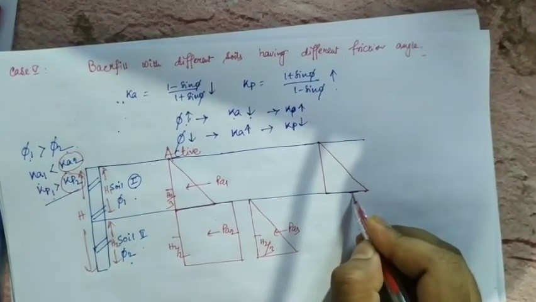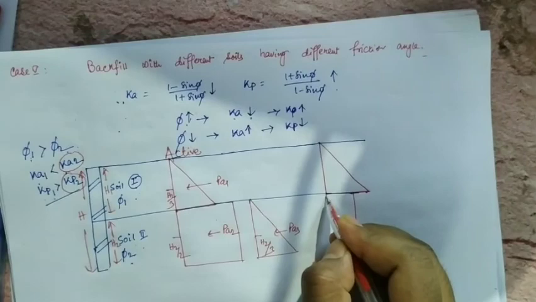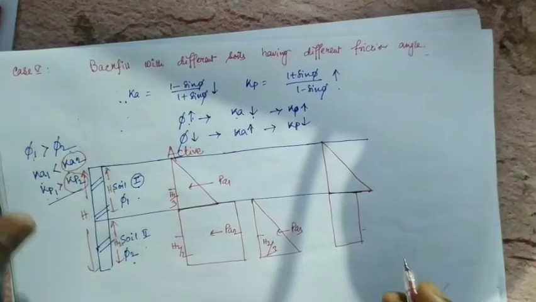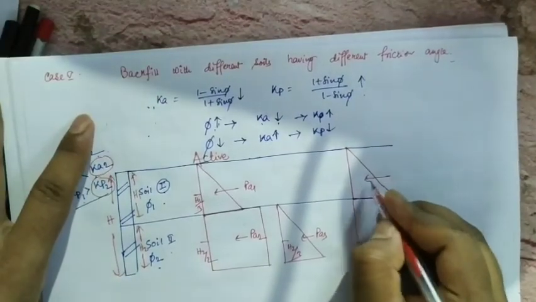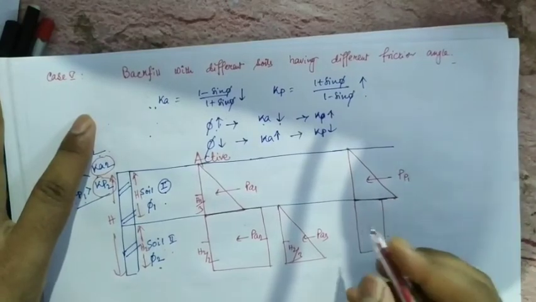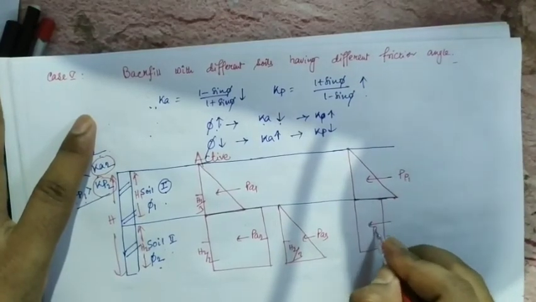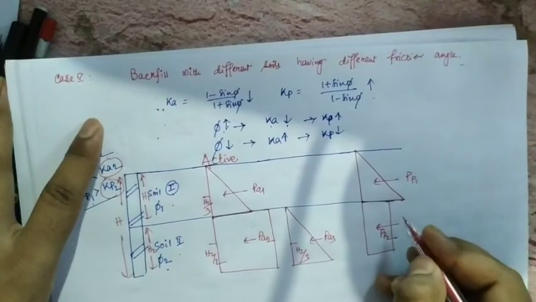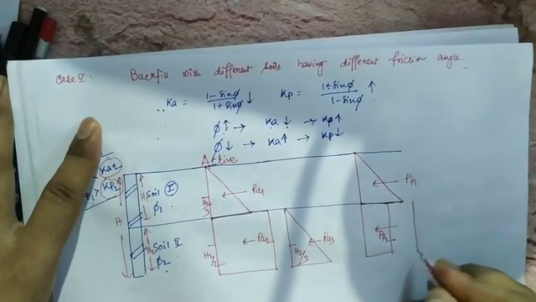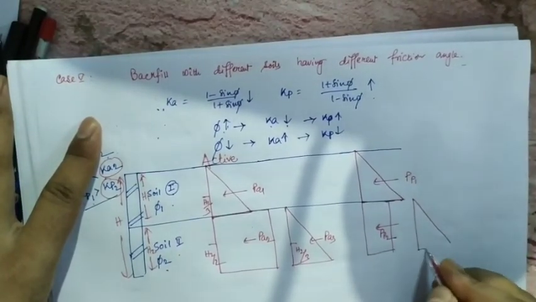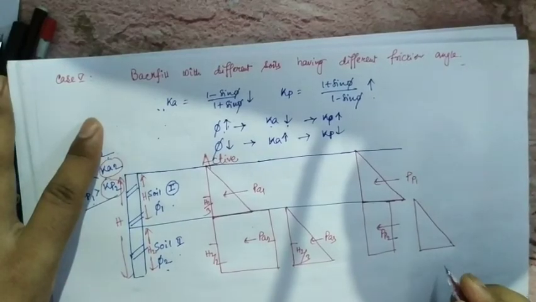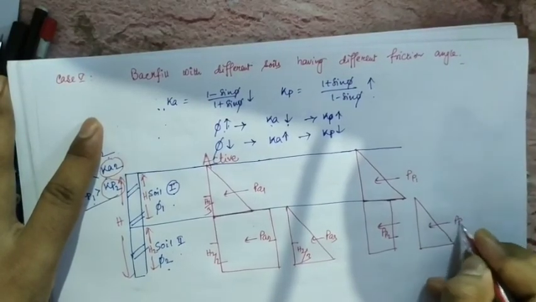Okay, so the surcharge diagram will be something like this. Understand? P1, P2, and for soil 2 there will also be a pressure diagram, P3.